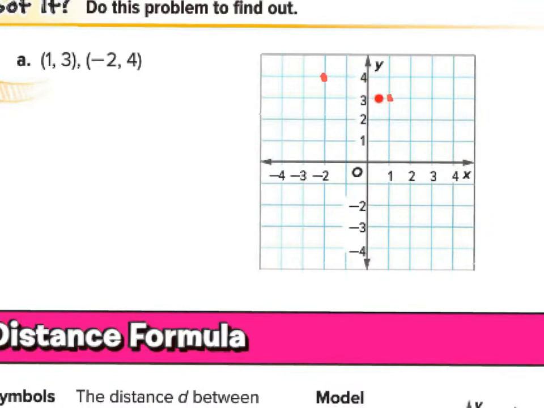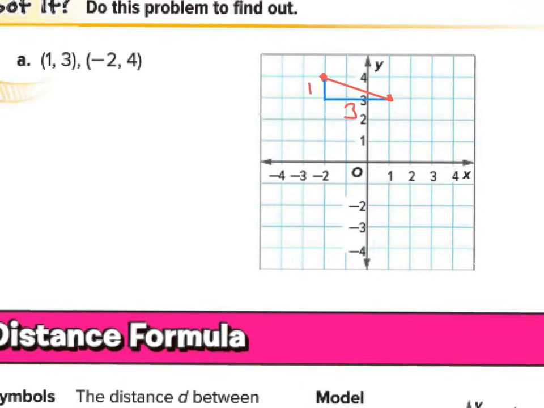Here we can make a right angle triangle by drawing a perfectly horizontal line here and a vertical line there. So we get a line that looks like this. I've taken the liberty to draw the legs blue and my hypotenuse red. Okay, and now we have a measurement of 3 right here, 3 units, and 1 unit there.